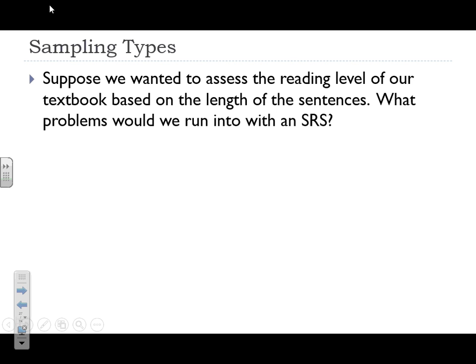Okay. There would be thousands and thousands of sentences in this book. Yeah, if you're thinking about our book here, how many sentences are in that book? Thousands and thousands, right? Which means you have to go through and label every single sentence with a value, right? And even after you get it all labeled, then you have to start picking out random values.